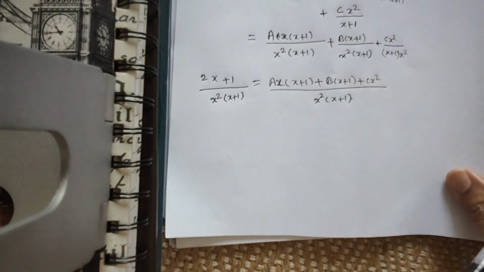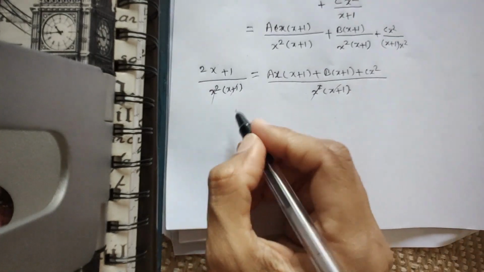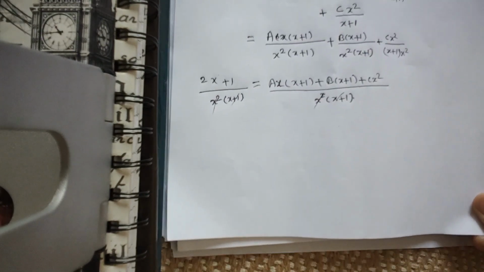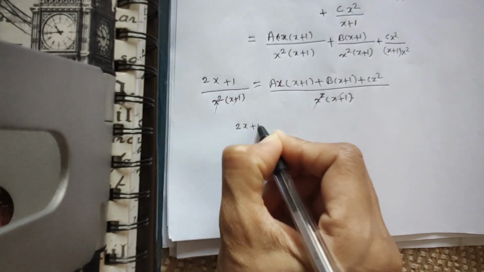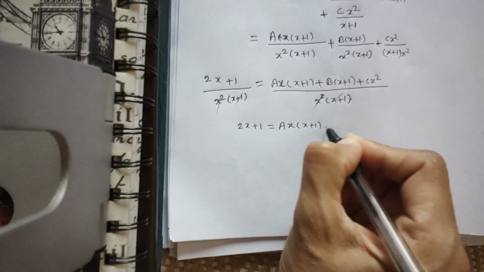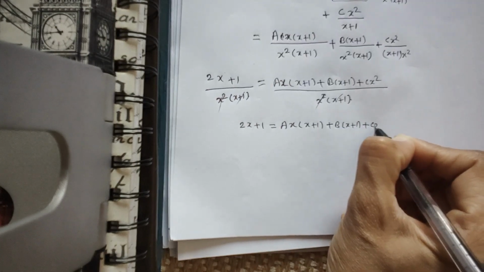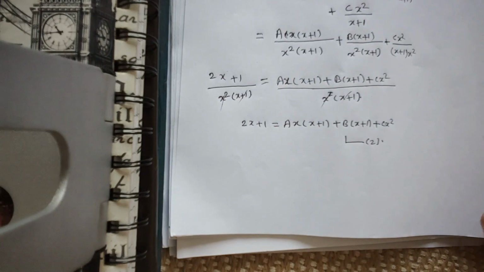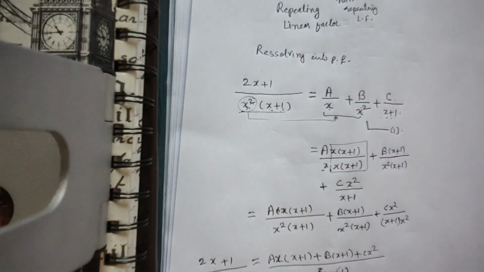So now this gets cancelled simply. So I'll get 2x + 1 equal to A x into (x + 1) plus B into (x + 1) plus C x square. This is equation 2. Now one by one I'll find out A, B and C.